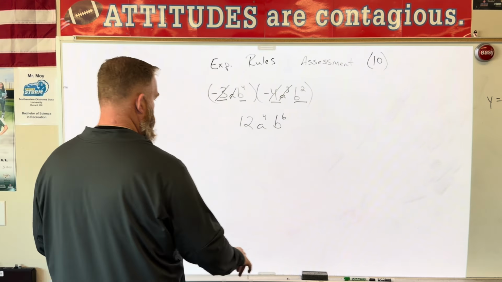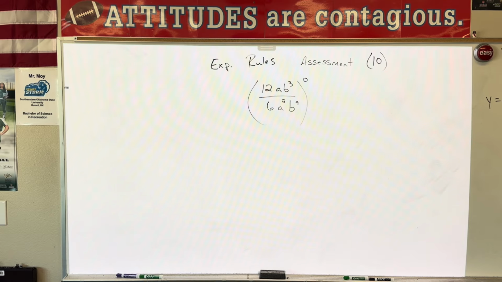Number 3 looks a lot like this. 12 a b to the third over 6 a to the second b to the ninth, all to the 0 power. What do you think? The answer is 1.